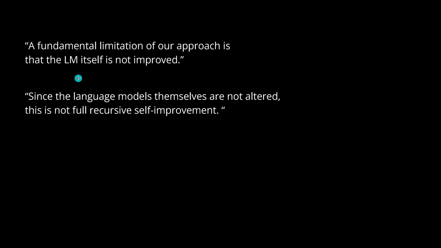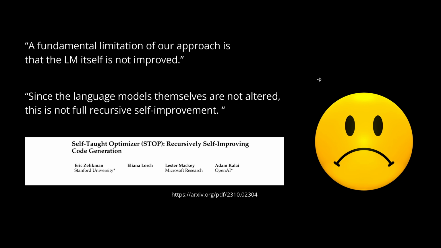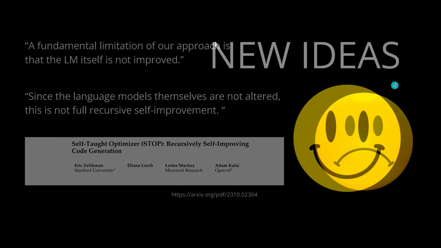And they say, since the language model, the GPT-4 model from 2001, themselves are not altered with their data, knowledge and their complexity level, Stanford tells us, hey, this is not a fully recursive self-improvement task. And we know this now. And unfortunately, yeah, we might say, hey, why did they do this 8 weeks ago and we have not seen now the next step in the evolution, where they do the full recursive self-improvement?